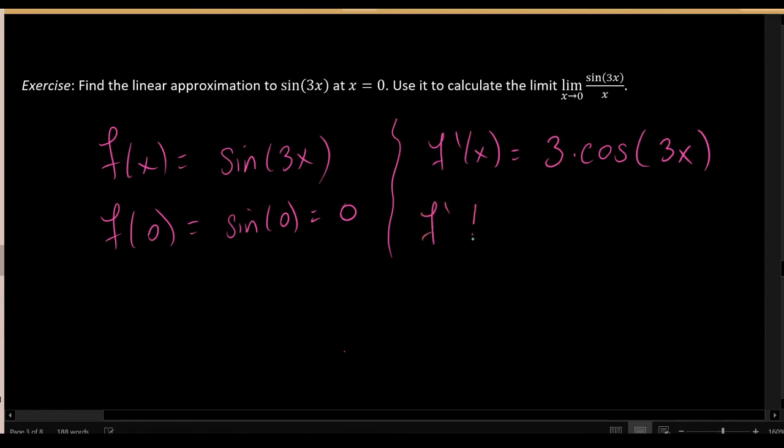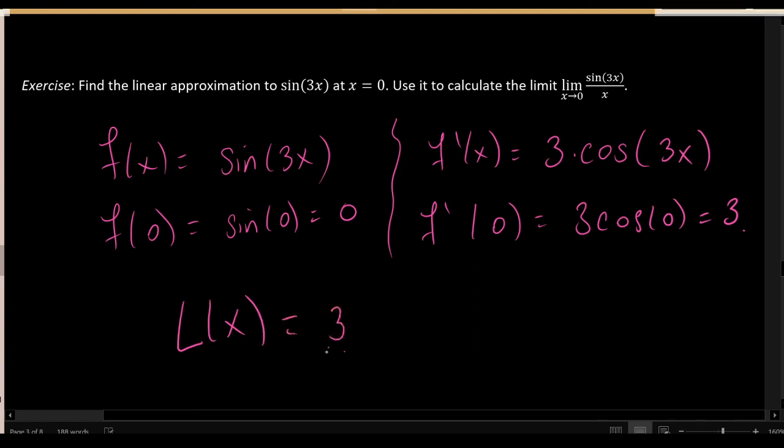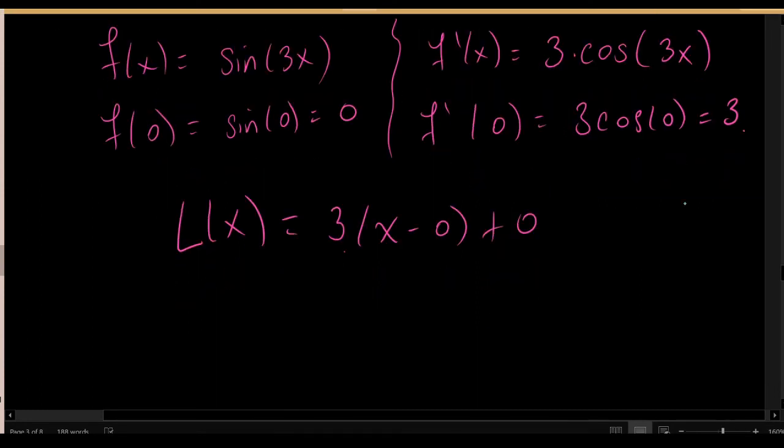So, f prime of 0 would then be equal to 3 times cosine of 0, which is 3 times 1, which is equal to 3. So the linear approximation formula is given by the slope 3, times x minus a, plus the y value, which can be simplified just to 3x.